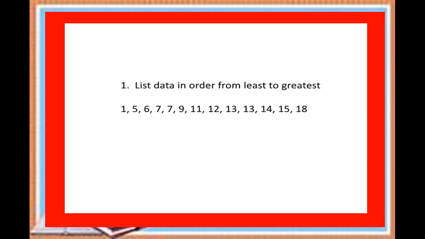Otto, please unmute. Okay, so this is now the set of data from least to greatest, or from smallest to highest. So how many data are there, Otto? 13.